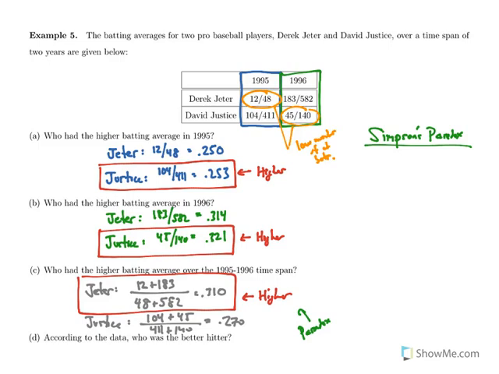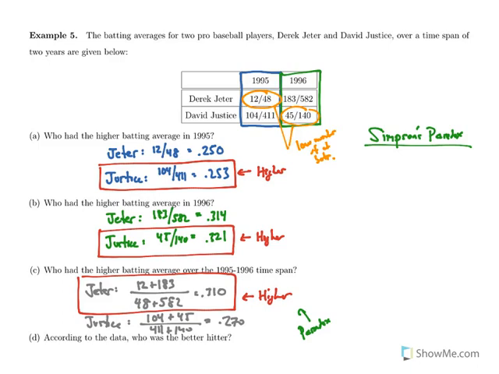So it's like Derek Jeter had most of his really good at-bats in 1996 when he had the better average. David Justice had most of his at-bats when he had the lower average. So when you put them both together, Derek Jeter's wins out.